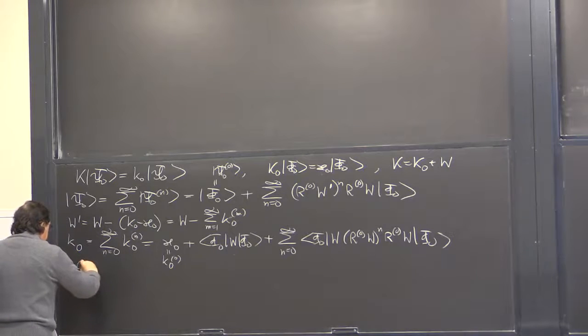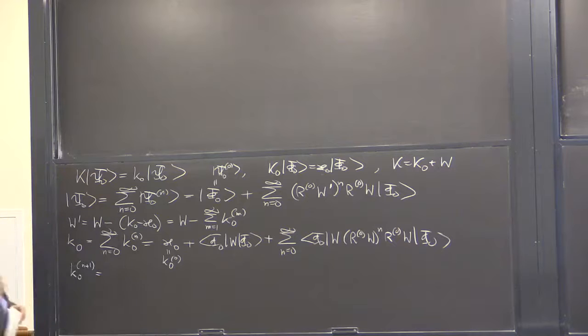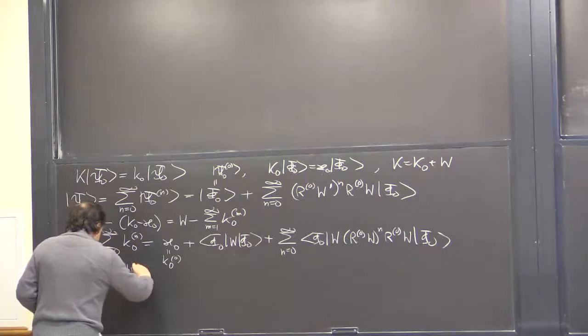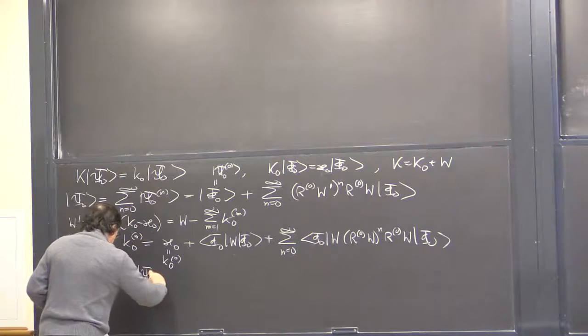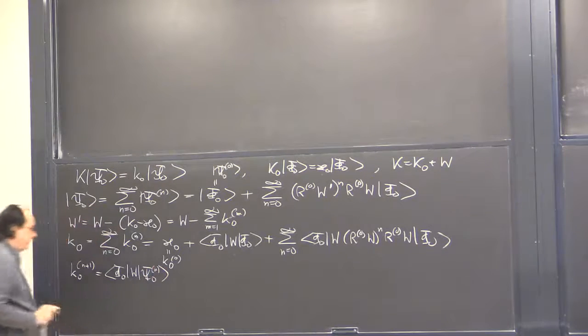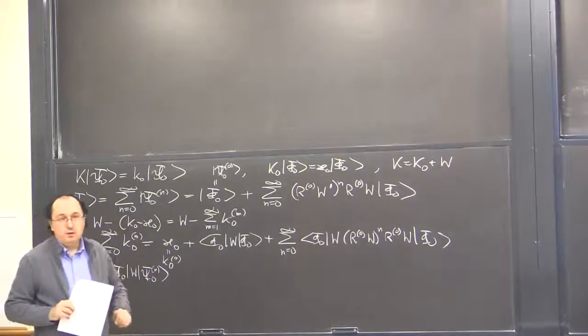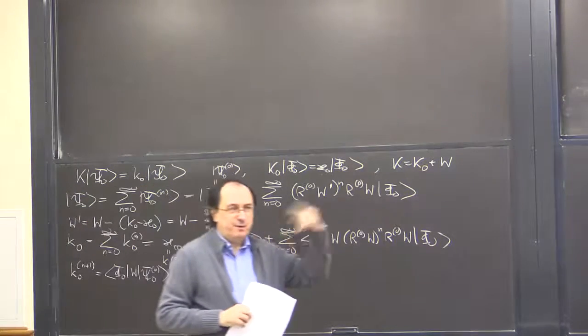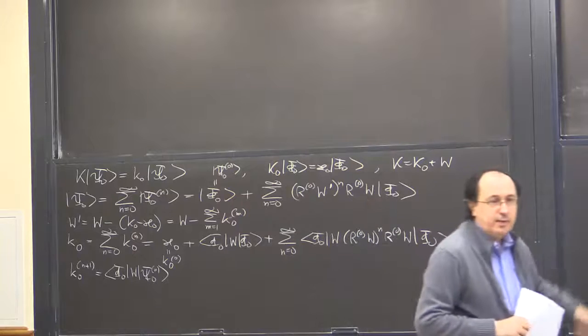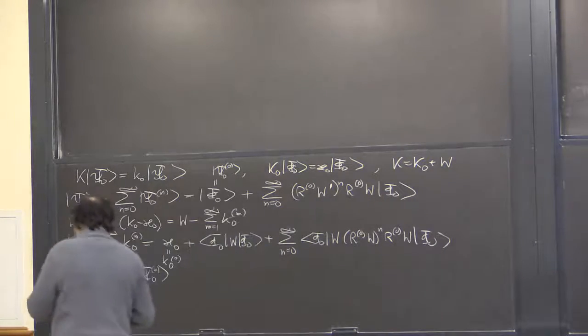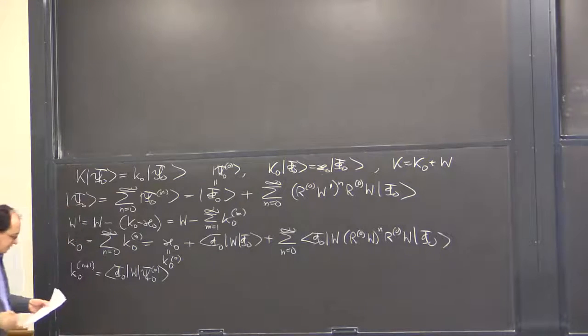For example, if you look at the correction to the eigenvalue K0 in order n plus 1, you can generate it from the knowledge of the nth order correction to the wave function. Okay, and that's the expression we will use. I also talked about Wigner's 2n plus 1 rule, but we will not use it here too much, so I will not discuss it right now.